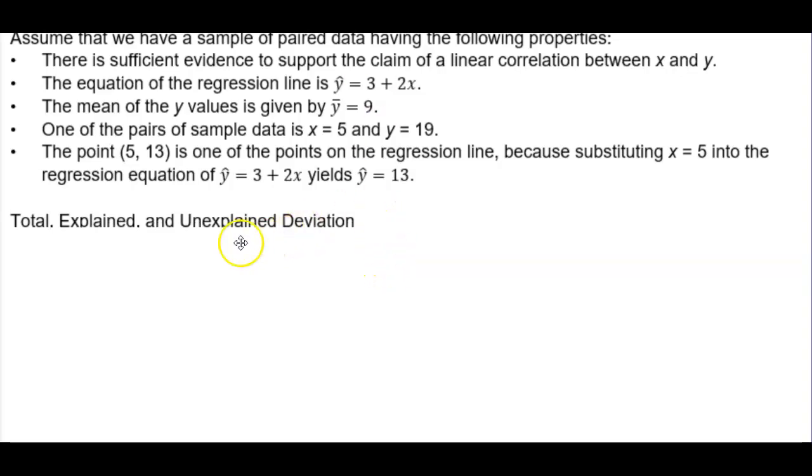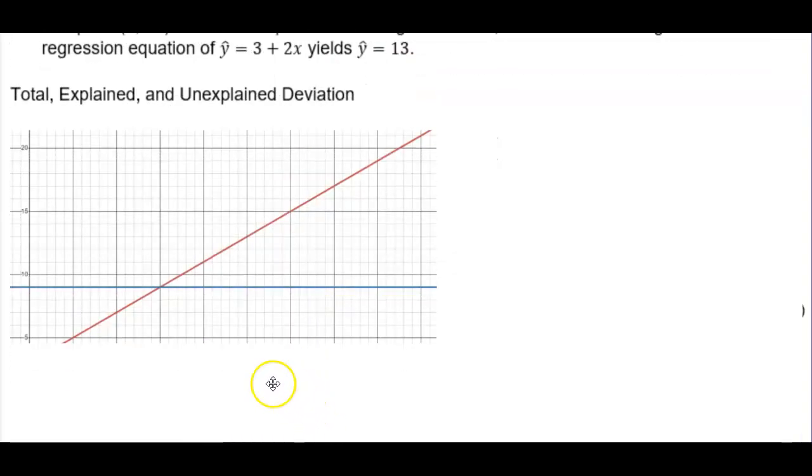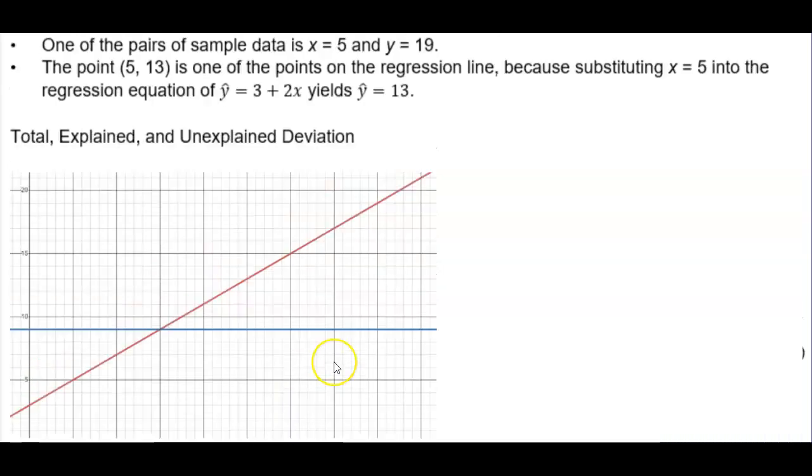So what we want to do is go on a graph and determine the total, the explained, and the unexplained deviation. The first thing we need to do is graph the regression line. I've already graphed it here for you. The line in red represents the regression line, which is 3 plus 2x.